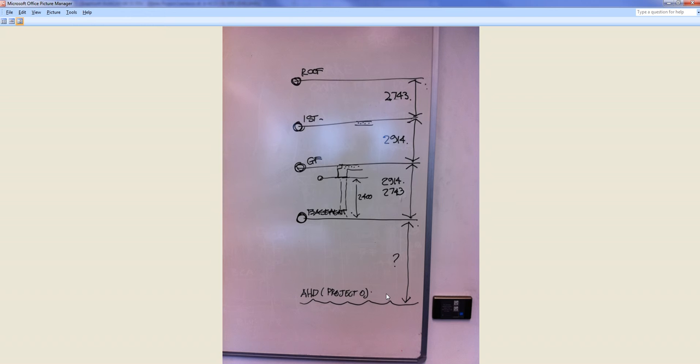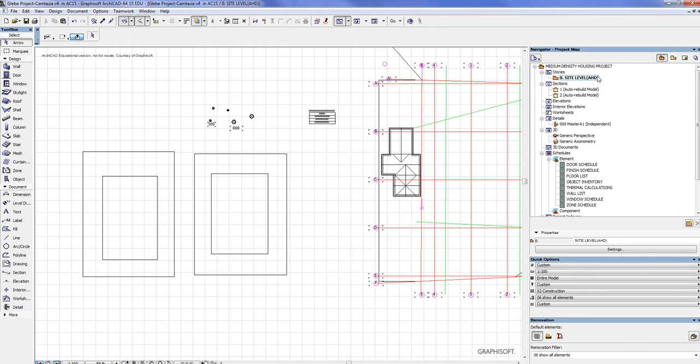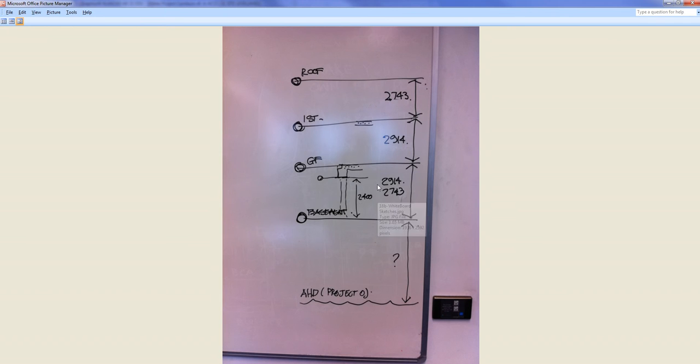Okay? So at the moment in our ArchiCAD file, we only have site level AHD. What we will be doing is inserting a basement story, a ground floor story, a first floor story, and a roof story.